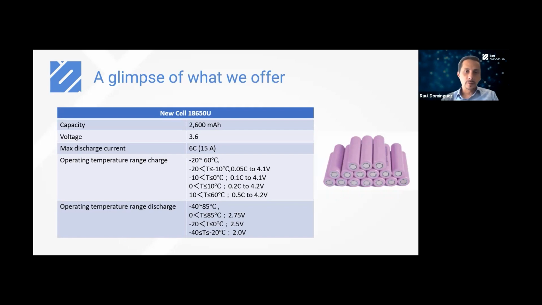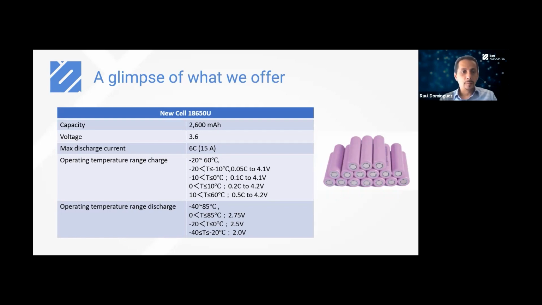For example, in this, we have 2600 milliamp hour. It can withstand a discharge current of 15 amps, so it's very high. The operating temperature, you can see for charging, goes to -20, so it will charge slower, but it can do it.